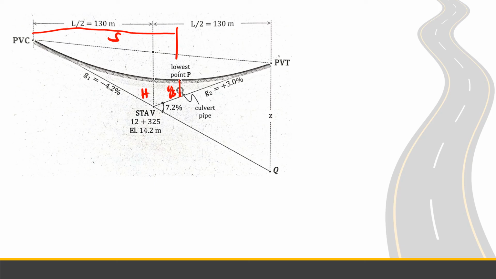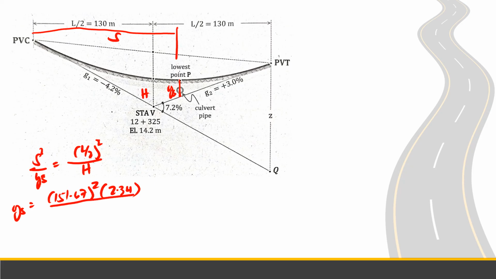We can now use the parabolic equation: S squared over YS is equal to L over 2 squared over H. So YS is equal to 151.67 squared multiplied by H, 2.34, over 130 squared. So YS is equal to 3.19 meters.